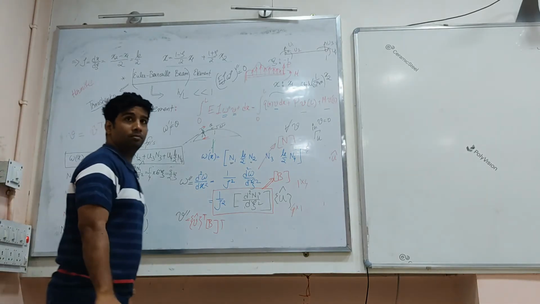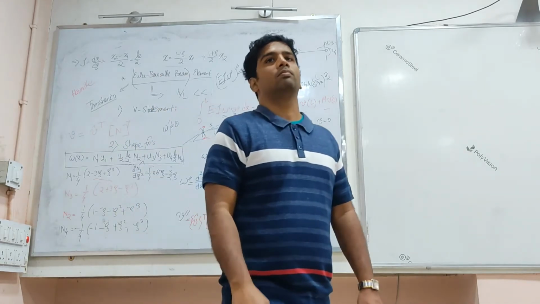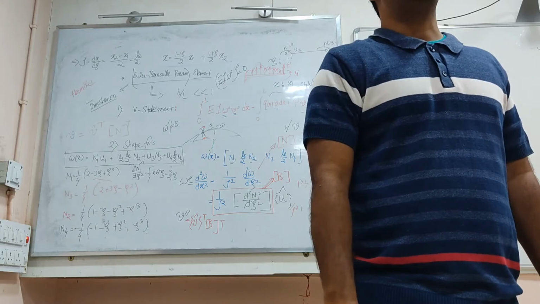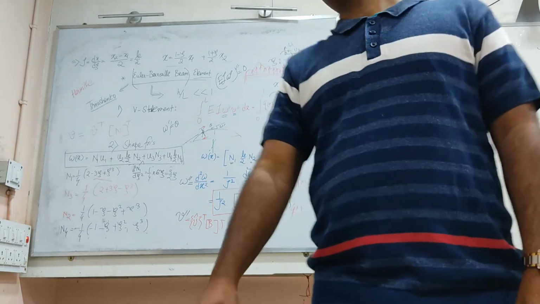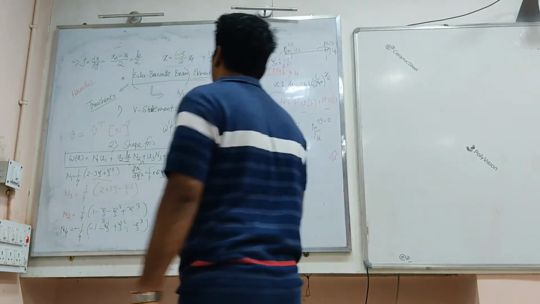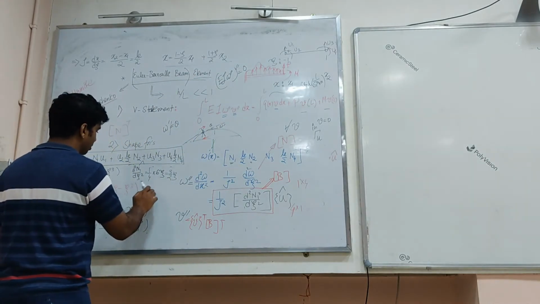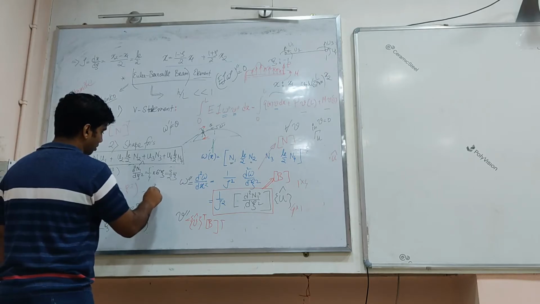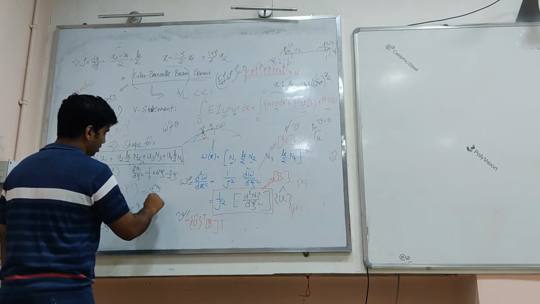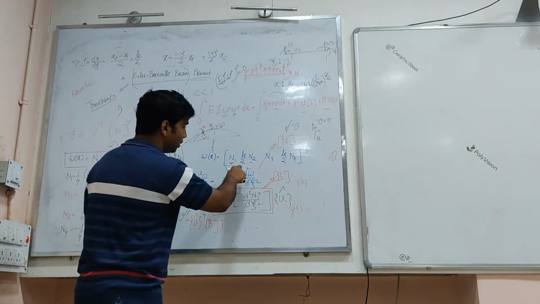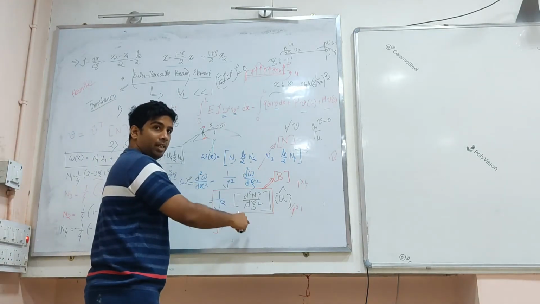Sir, N1 is 2 minus 3... Wait, double derivative. Yes. Remember this coefficient, L by 2, would still be there in the B matrix.